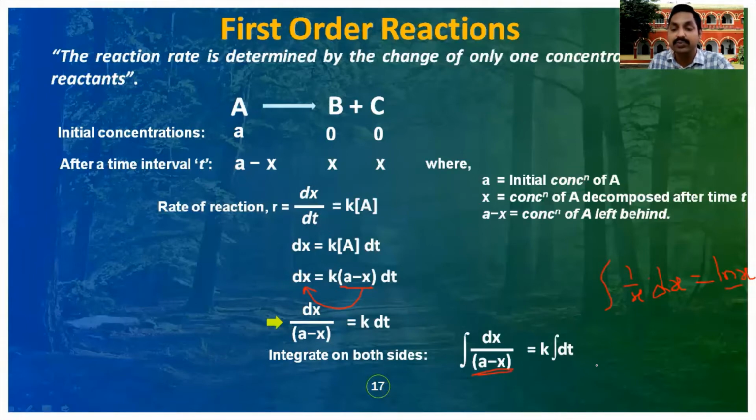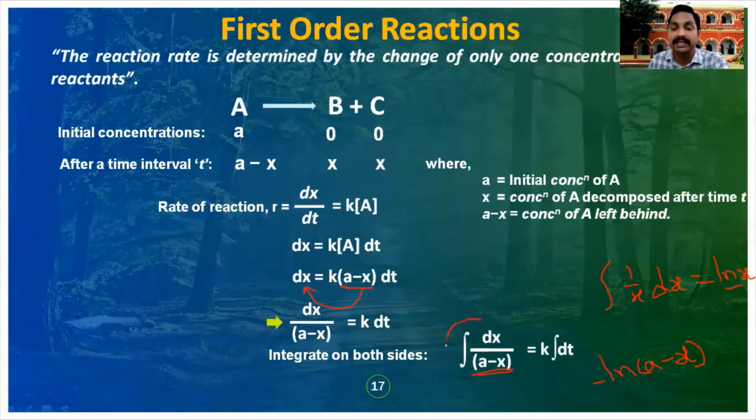If you integrate this, we will get ln, that is log base e, of a minus x. But if you observe here, x has a negative symbol. This negative symbol also has to be treated, so we will get minus ln a minus x.